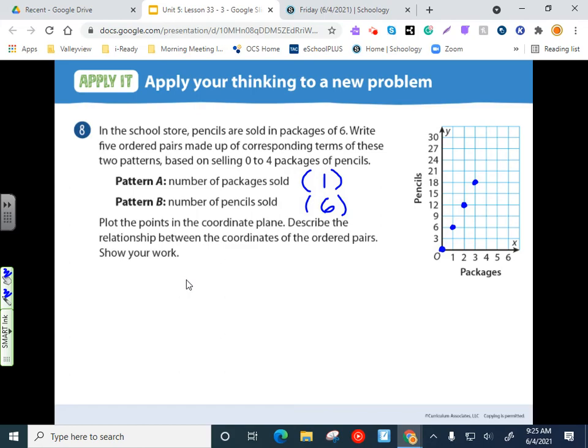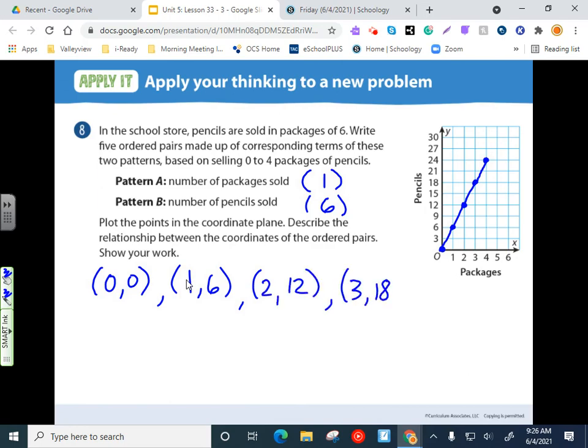And if you have 4, you have 24. So that helps us see the pattern between those two. And the ordered pairs are 0, 0, 1, 6, 2, 12, 3, 18, and 4, 24. Just like that.